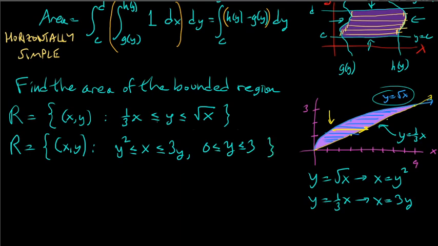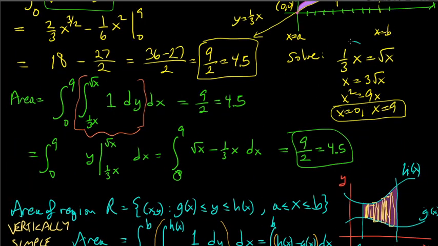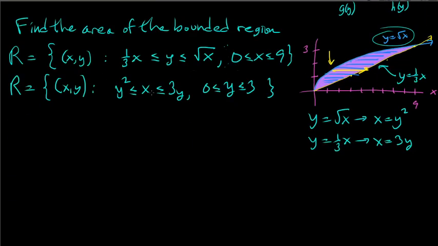Again, I didn't write the bounds for the first representation of the region because I wanted you to find the bounds for x. X goes from 0 to 9. Remember how we found those? We had to set the two equations equal to each other and solve for x. Likewise, you can solve for y by setting y squared equal to 3y, and that gives you the two solutions, y equals 0 and 3. So that's where these come from.